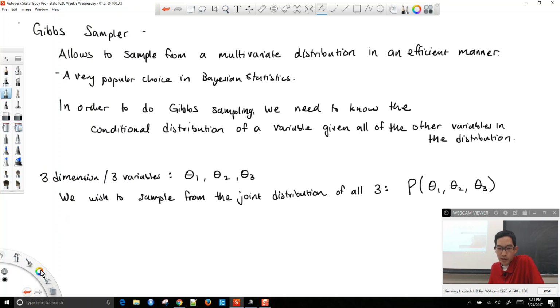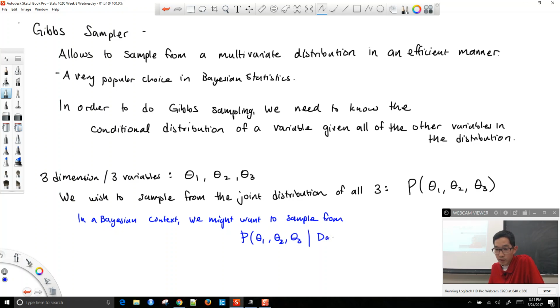So in a Bayesian context, maybe we might want to sample from theta 1, theta 2, theta 3, given the data.